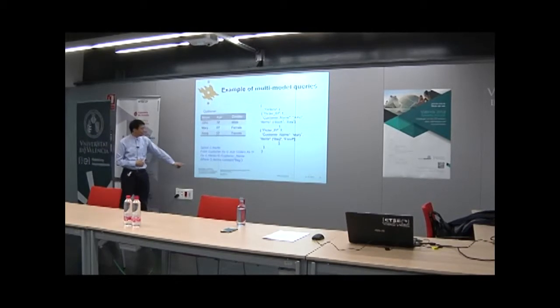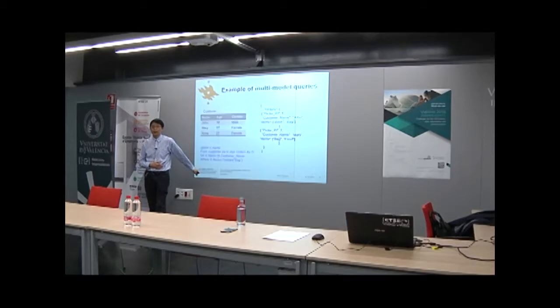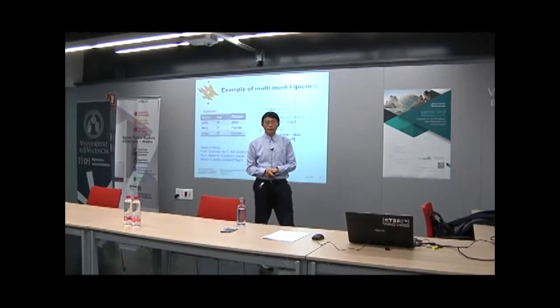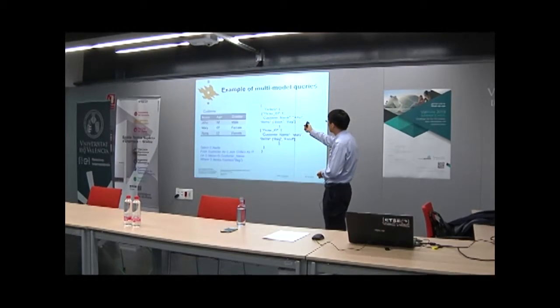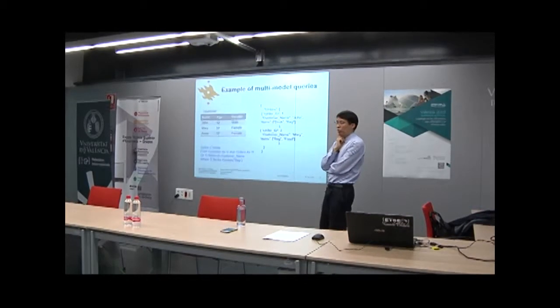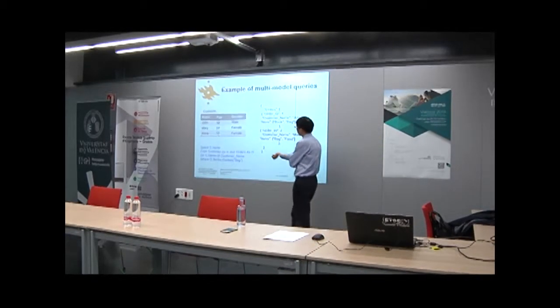And we want to find the customers who have orders containing a bag, which means that we want to find the names of all customers who already bought a bag. This is a very simple query, but it has to do a cross join between the table and the JSON file. So this kind of query is called a multimodal query.